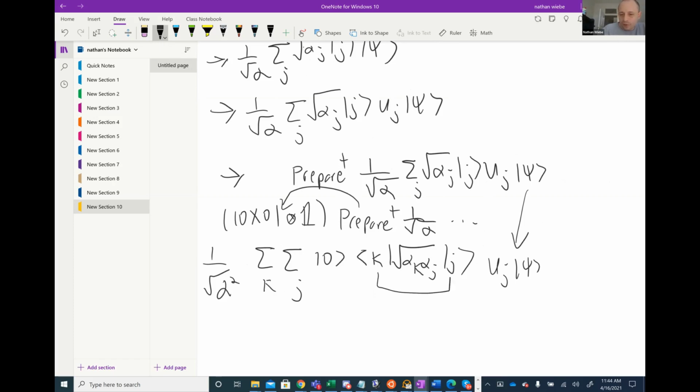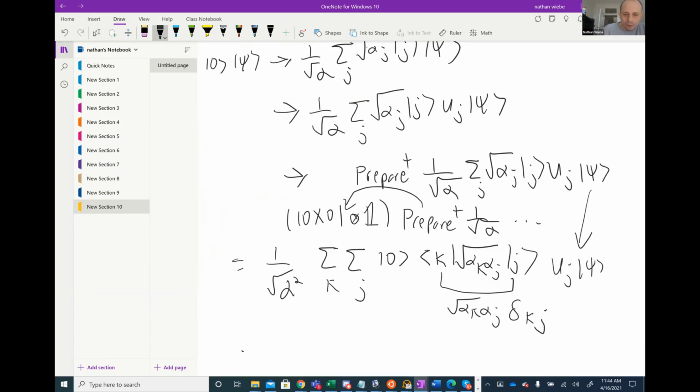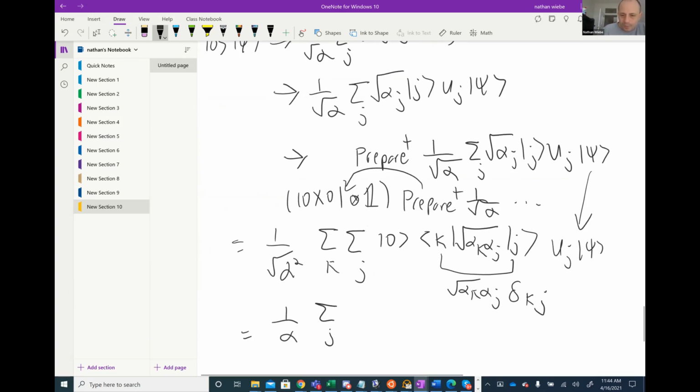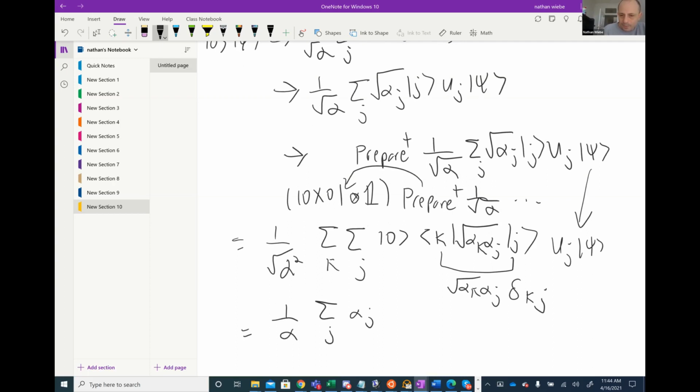So this over here is just square root alpha k alpha j delta kj. And using the properties of Kronecker deltas, we end up getting that this is just 1 over alpha, sum over j, alpha j uj psi, and 0 out here, which is equal to A over alpha psi.